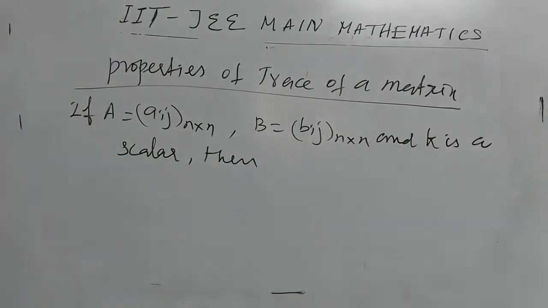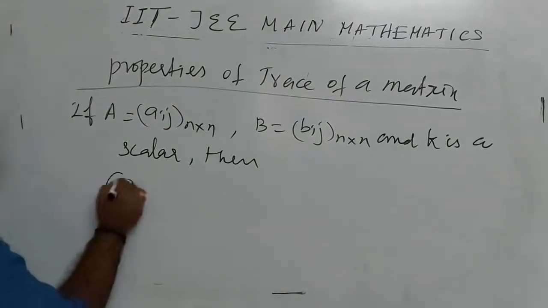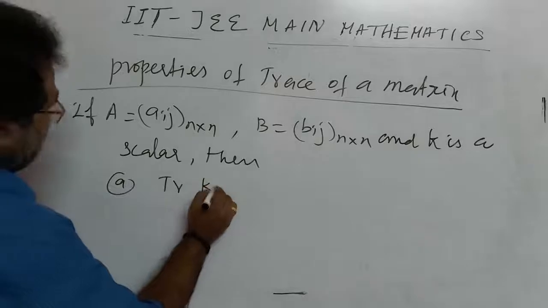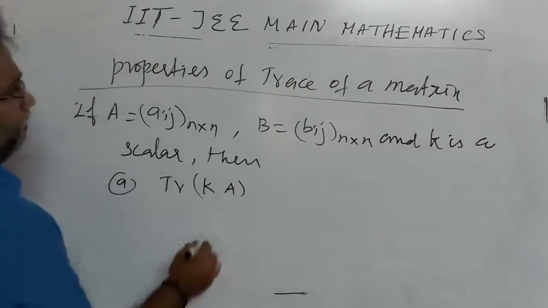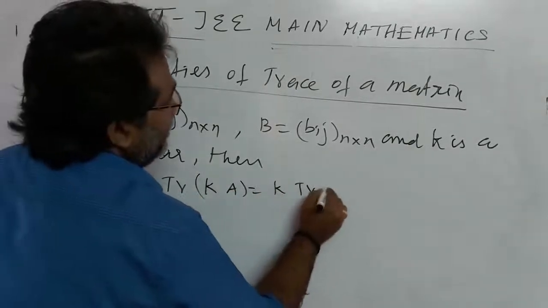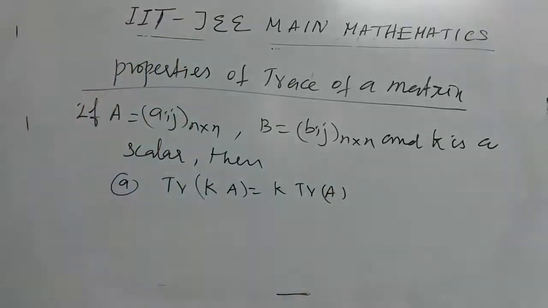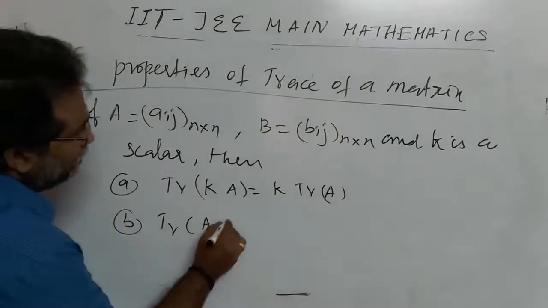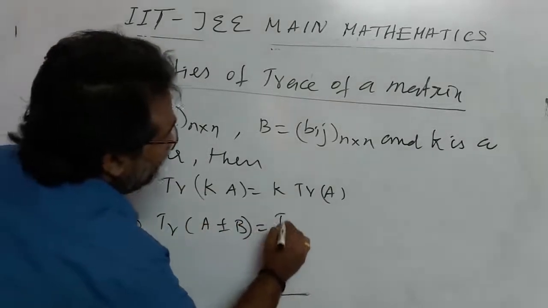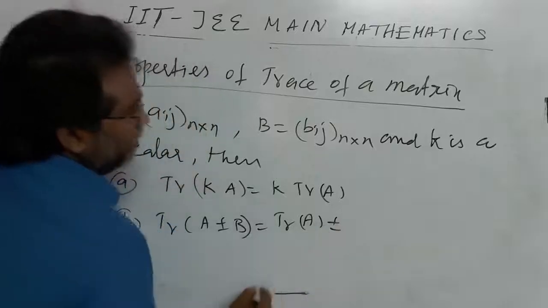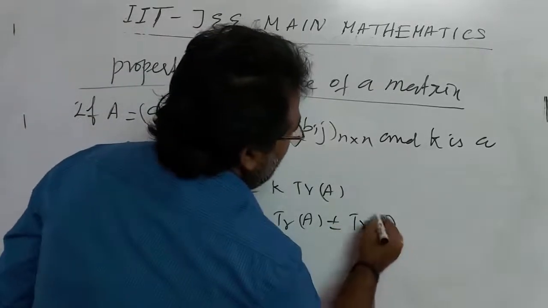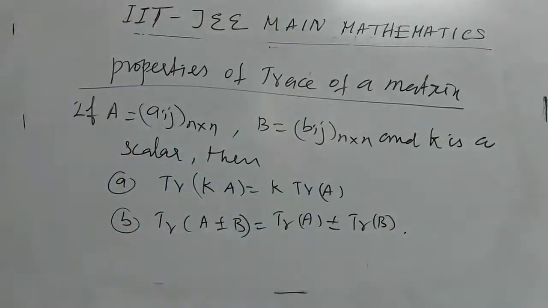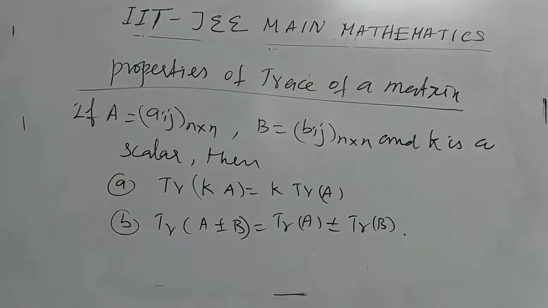Then trace K into A equal to K into trace A. Trace A plus or minus B equal to trace A plus or minus trace B.